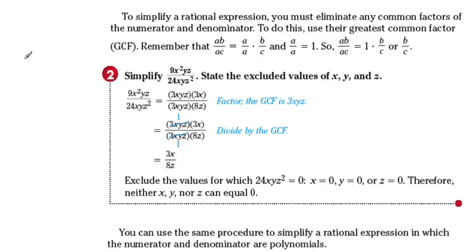For example, if you have 24 all over 40, to simplify this, we get the prime factorization of 24, which is 2 times 2 times 2 times 3, and 40 is 2 times 2 times 2 times 5. Okay?